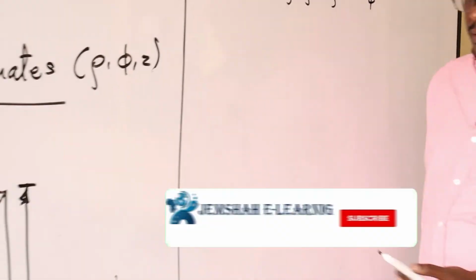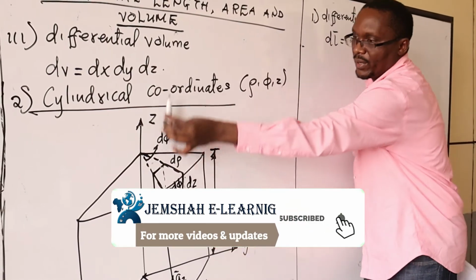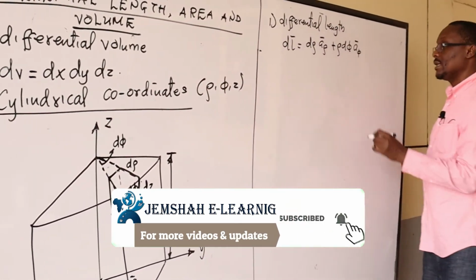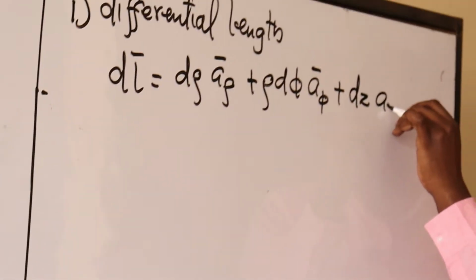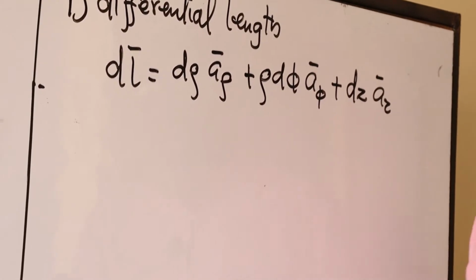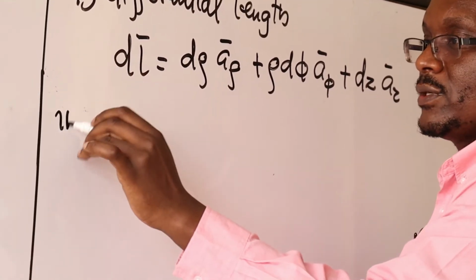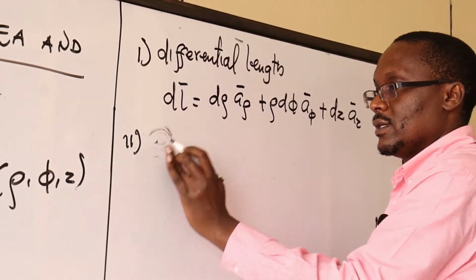And similarly, the length along the z-axis is parallel to that, and this length will be dz in the a z direction. Now, the second one we are supposed to look at is the differential surface.